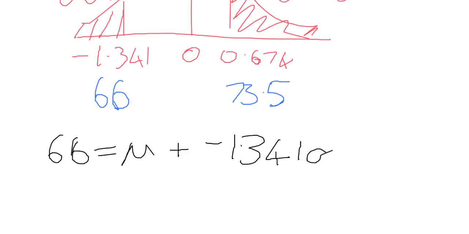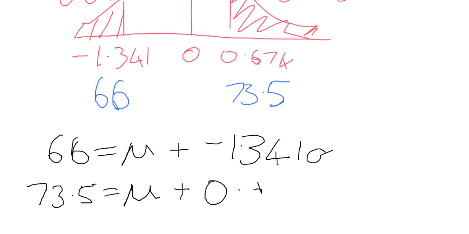And for my next one, I know that my x is 73.5, and that equals my mean plus 0.674 times the standard deviation.